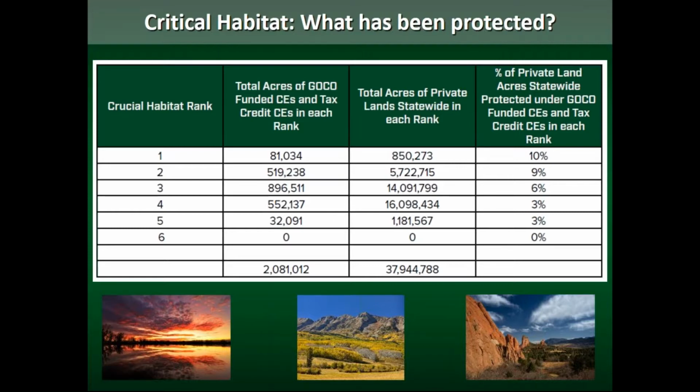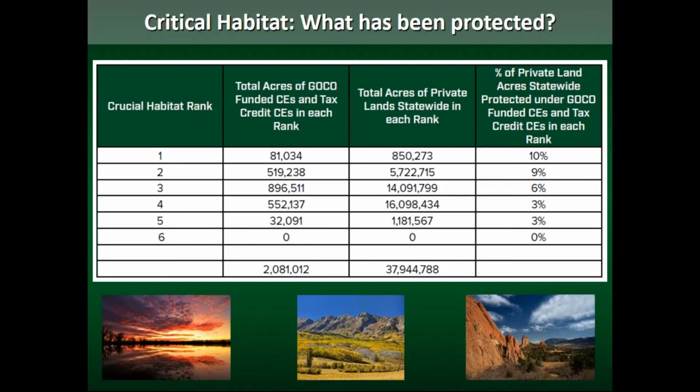And then in the third we have how much of that acreage actually exists in the state. So if you look across row number 1, where we have the highest habitat rank, we have 81,000 acres that have been protected out of the 850,000 total acres of that rank, so about 10% of the total areas.